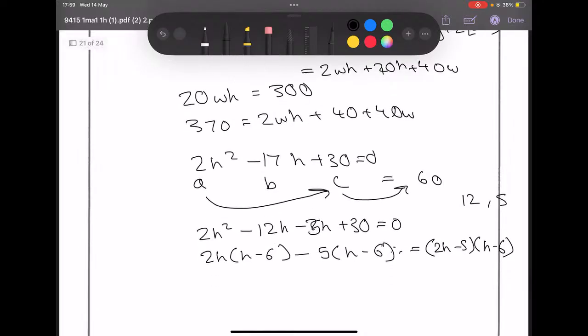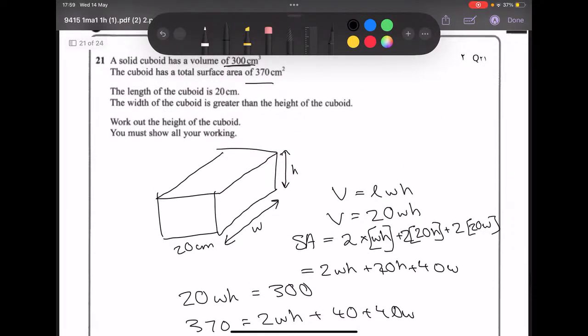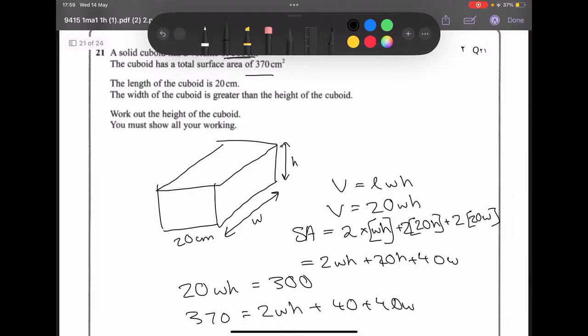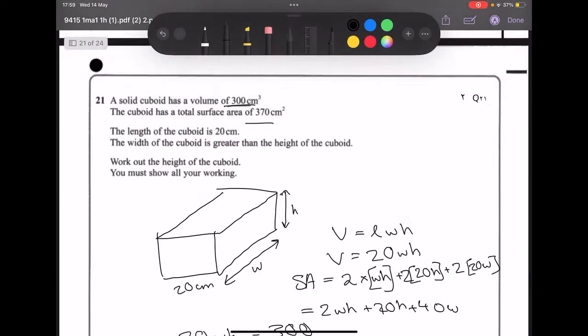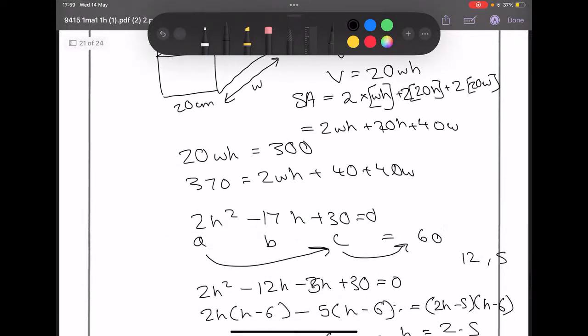Therefore we get h equals 6 or h equals 2.5. Now as the height is 2.5, now over here, as we know that either the width or the height is 6 and 2.5, the width has to be greater than the height.